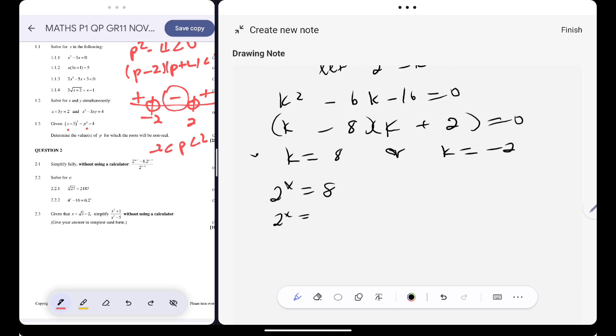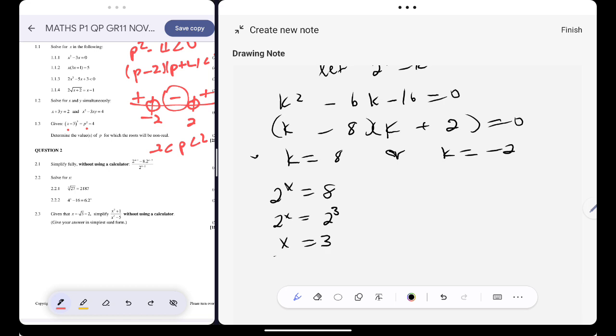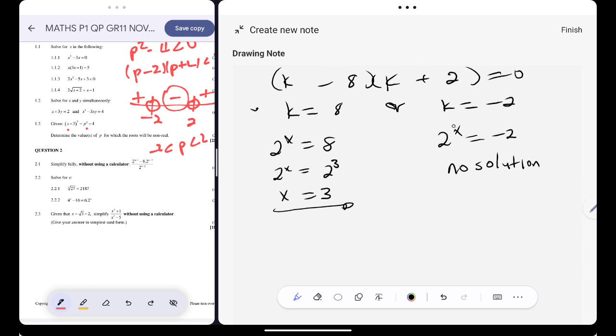Then 2 to the x is equal to 2 cubed. If the bases are the same, the exponents should be equal. In this case, 2 to the x equals a negative 2, I'll have no solution here. There's no solution because there's no value of x I can substitute here and then get a negative value. Are we together?